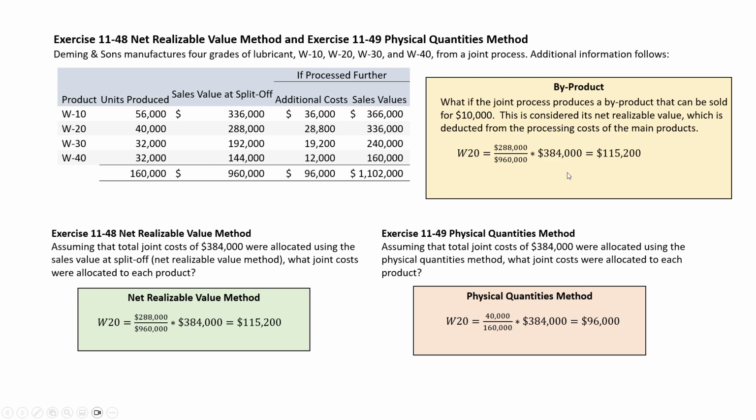But if we have the byproduct and choose to reduce the joint cost by the value we can sell the byproduct for, we still take the 288,000 over 960,000, but now we multiply it times 374,000, because we're subtracting the 10,000 from the 384,000 in joint costs. We're only allocating 112,200 to W20 if we compensate for the byproduct.